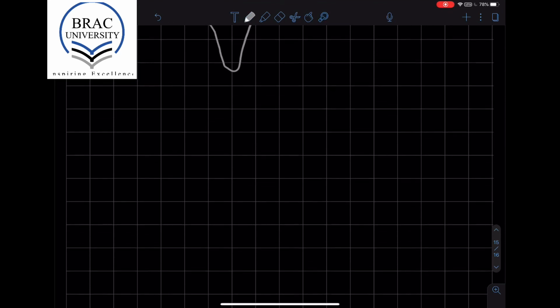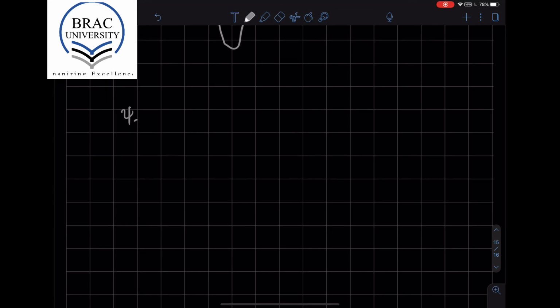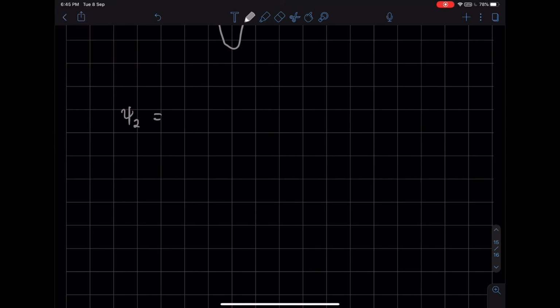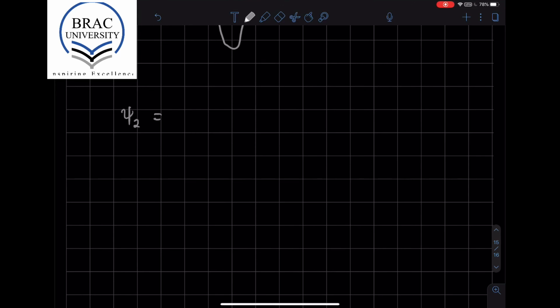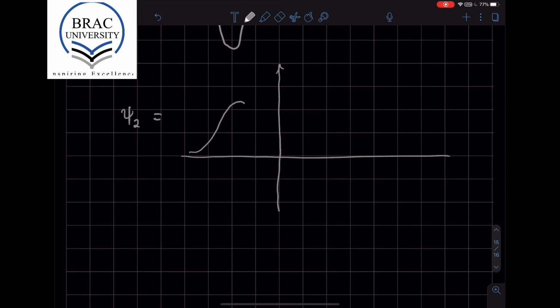So similarly, if I look at psi 2, psi 2 will be some kind of a parabola, but because it's multiplied by a Gaussian factor, it'll be given by something like this.